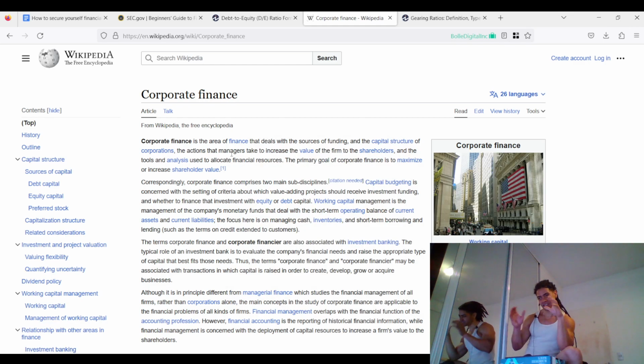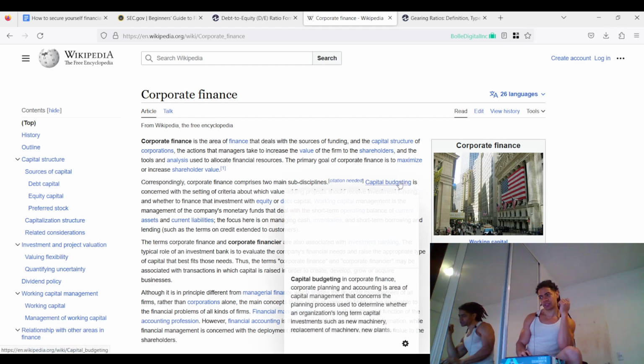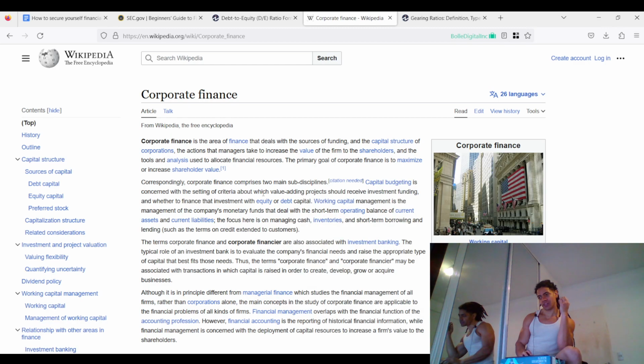After all, this is administration, the actions that managers take to increase the value of the firm to the shareholders, and the tools and analysis used to allocate financial resources. The primary goal of corporate finance is to maximize or increase shareholder value. Corporate finance comprises three main subdisciplines. Capital budgeting is concerned with setting criteria about which investments to pursue. But after all, corporate finance is about the source of funding and the capital structure.